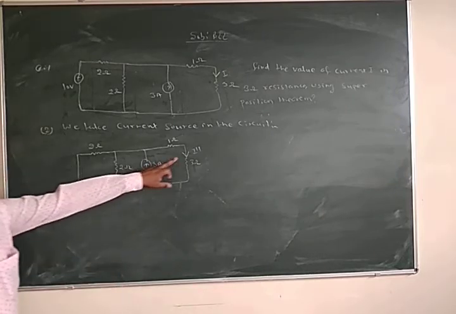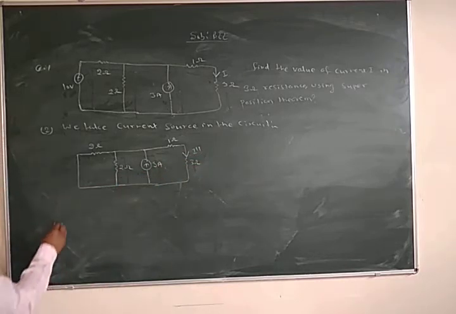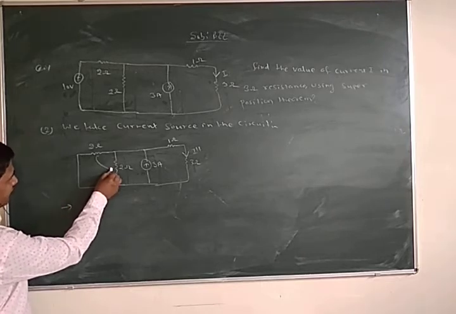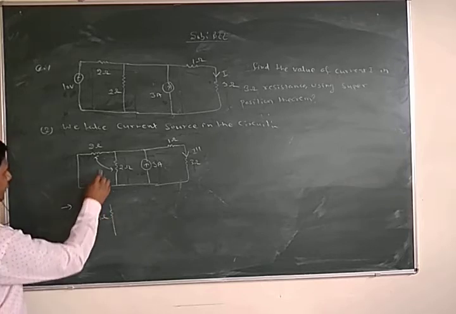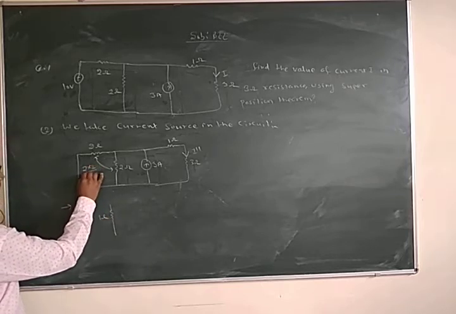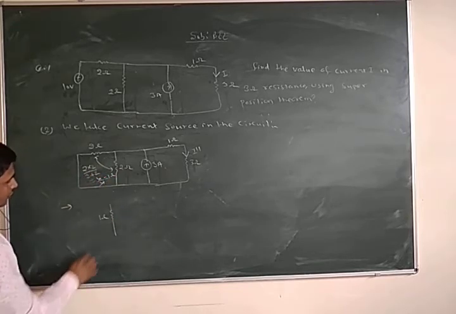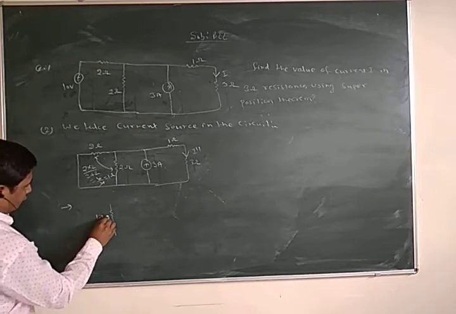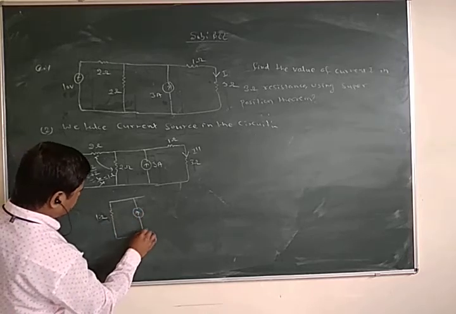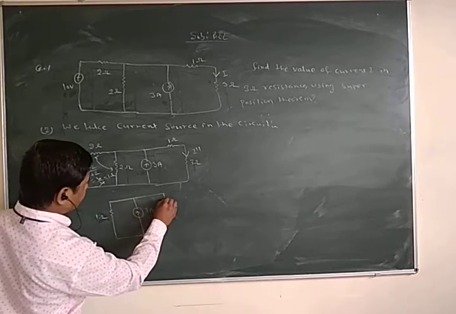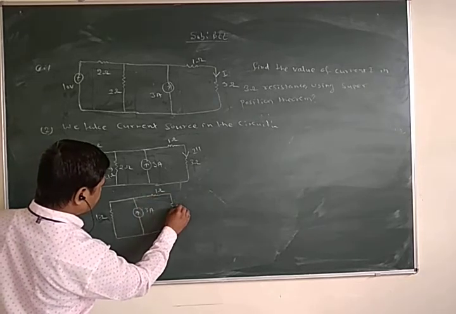Now we have to find I double dash due to current source of 3 ampere in the branch of 3 ohm. First, these two branches are in parallel, so the equivalent branch will be 1 ohm, because parallel is 2 into 2 upon 2 plus 2, 4 divided by 4, equal to 1 ohm. So equivalent is 1 ohm, 3 ampere, and this is 1 ohm plus 3 ohm.